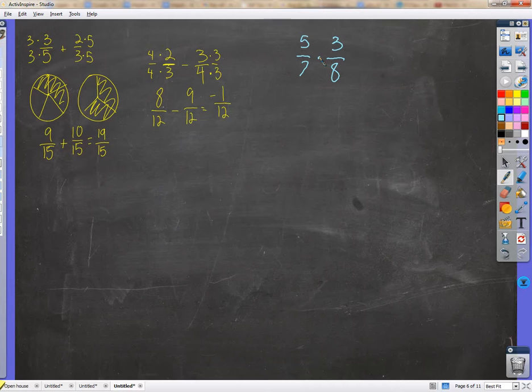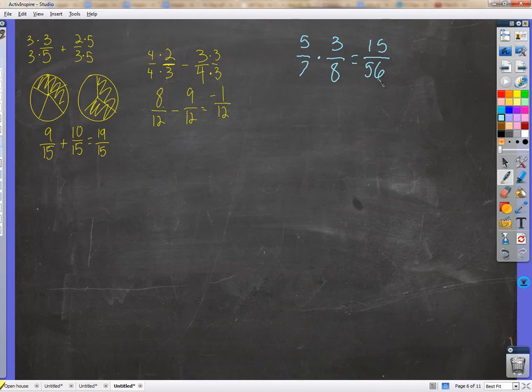No, we don't need to flip it. That's for division. You just go straight across. So this will be 15 over what? 56. 15 over 56. There's the product of those two fractions. That's it? That's it.